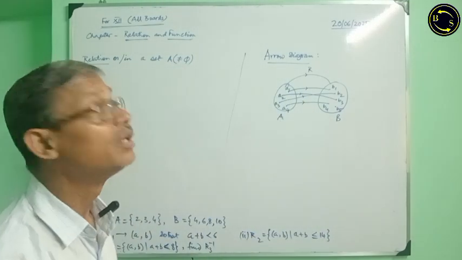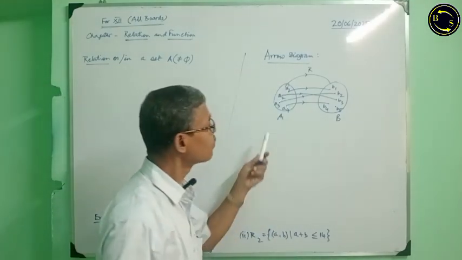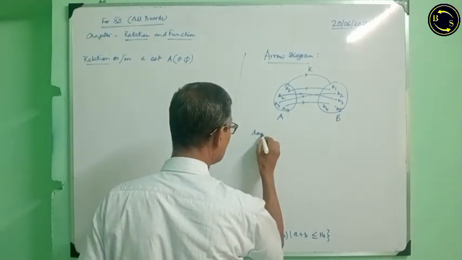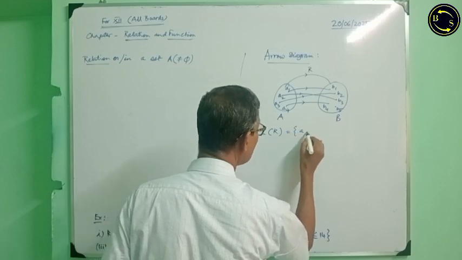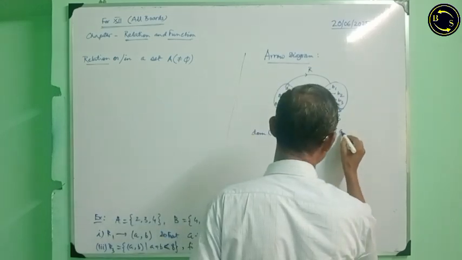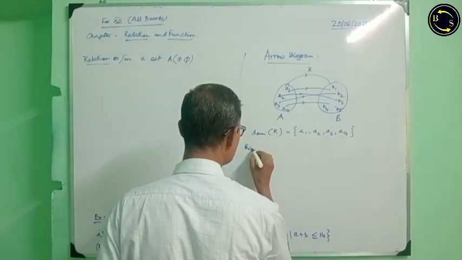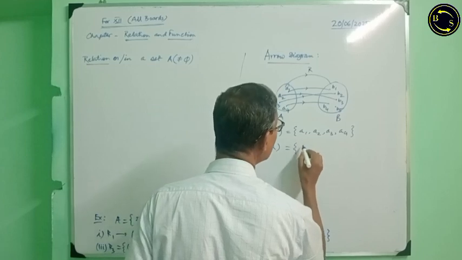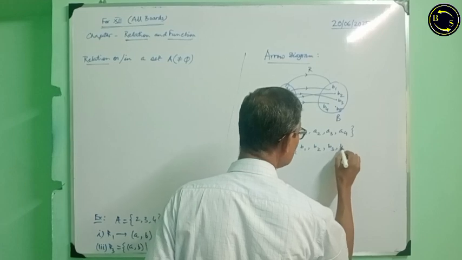Then we show the relation in this way, and from the diagram it is clear that the domain of this relation will be the set of A1, A2, A3, A4, and the range is the set of B1, B2, B3, B4.